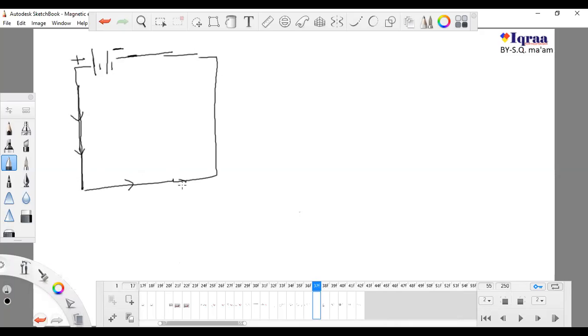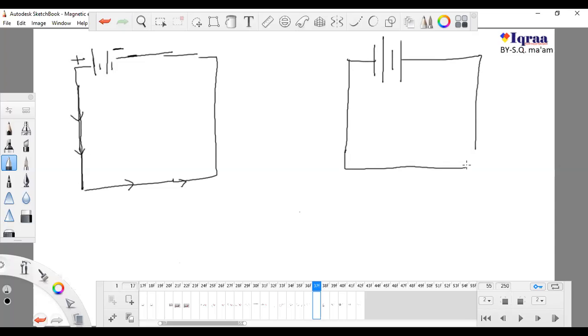In the second case, I have changed the battery. Now this is my negative side and this is my positive side, and the direction of current is like here.